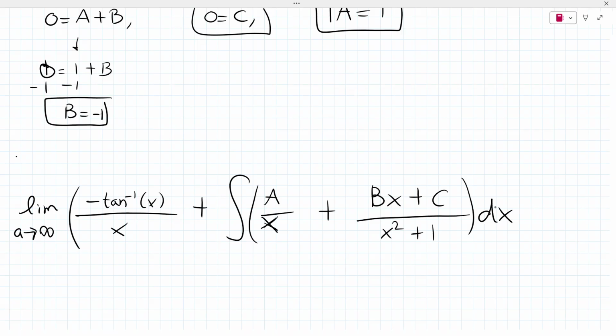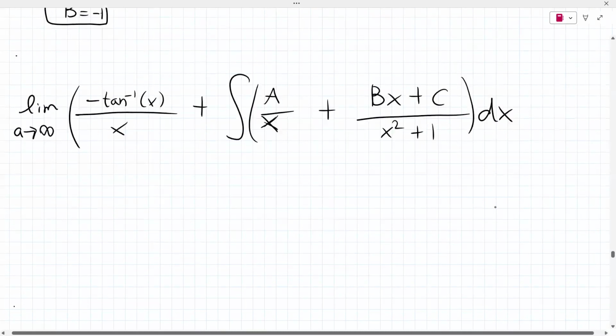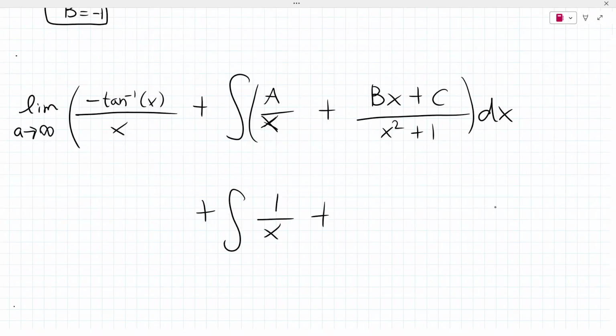Okay, and then we have our a and our b, so we can just set it up like this. A is 1, so it's going to be 1 over x, plus b is, what's my b? My b was -1, so it's going to be -1x plus 0 over x squared plus 1 dx.